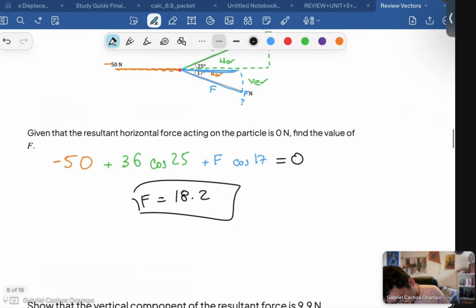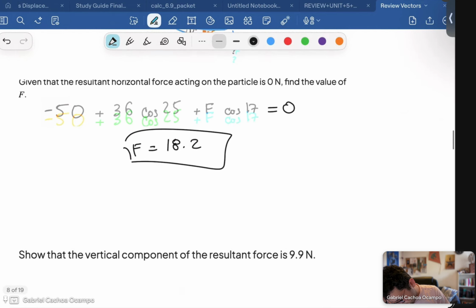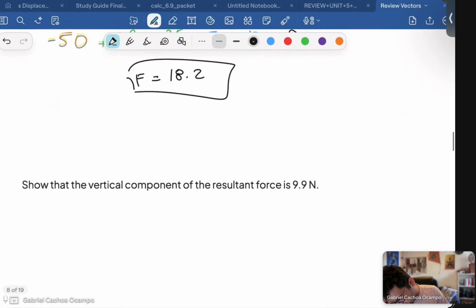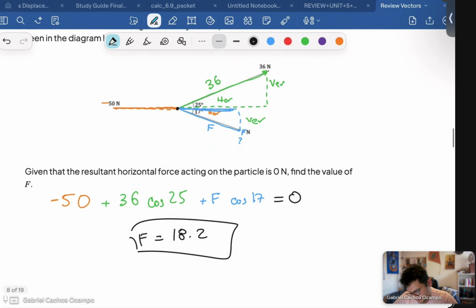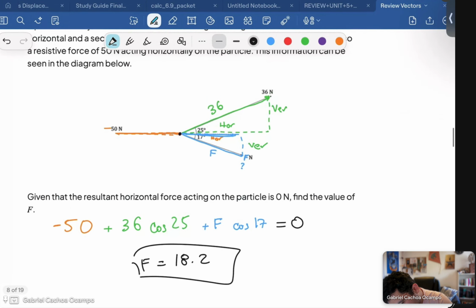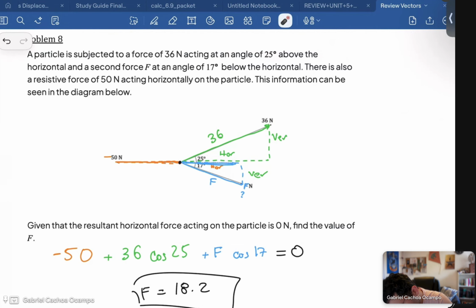So, I think that is a very cool problem. Now let us do, what is the vertical component of the resultant force? So I need to add up the two vertical components. What vertical force is this point experiencing? It is experiencing the sum of this force plus this force.